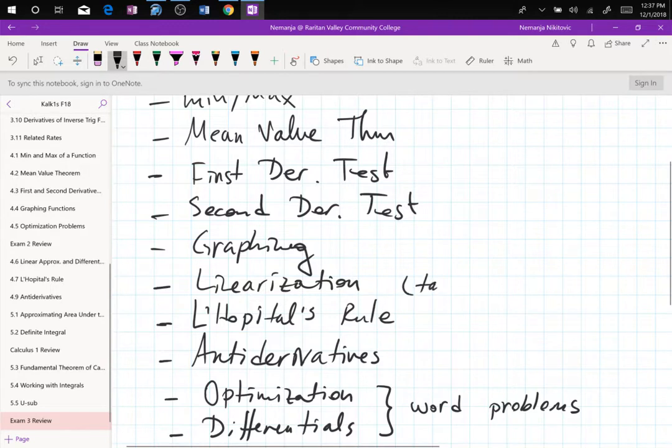Linearization as a tangent line. L'Hopital's rule has 0 over 0, infinity over infinity, 0 times infinity, infinity minus infinity, or those exponential ones.